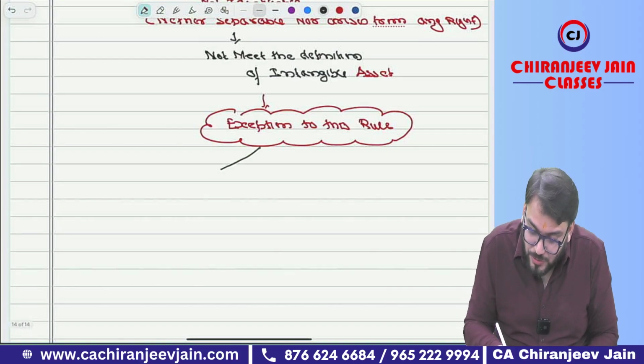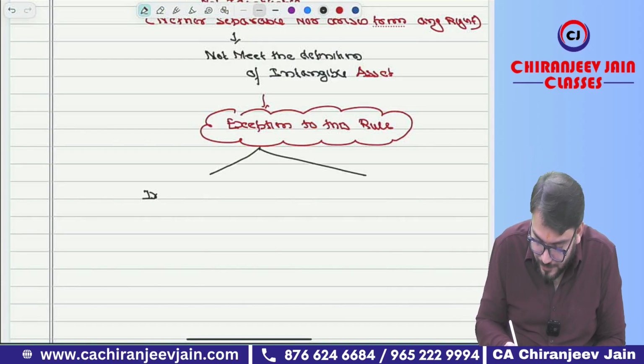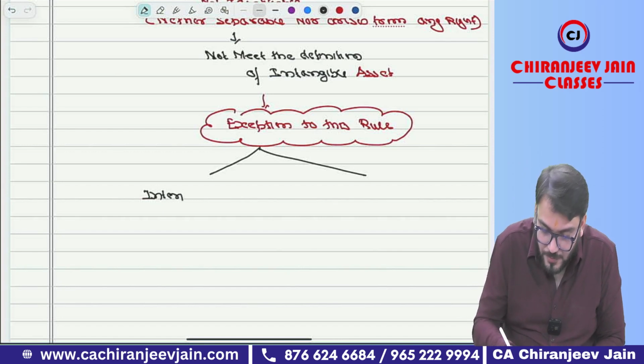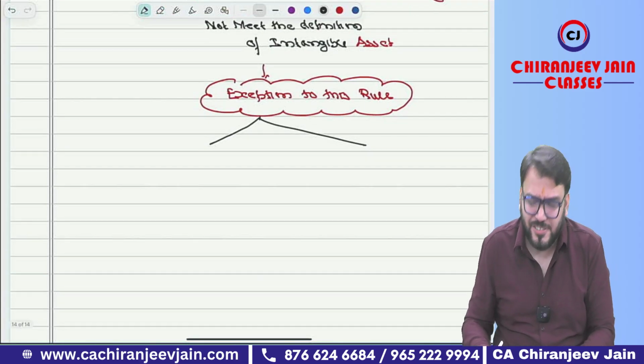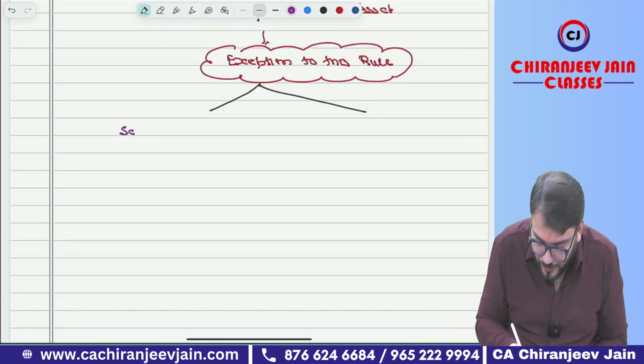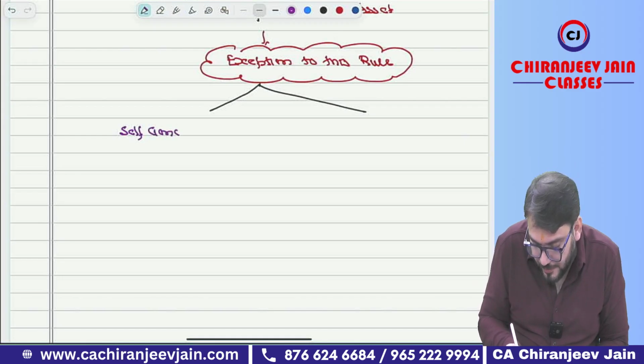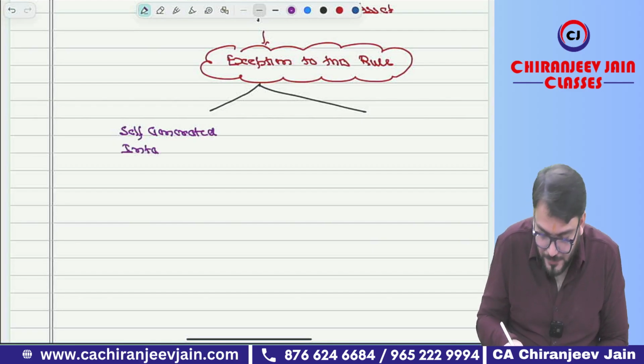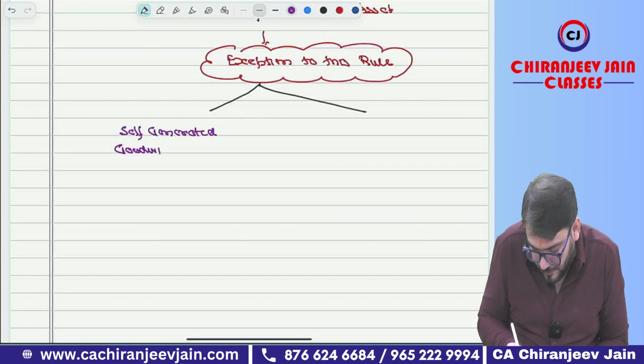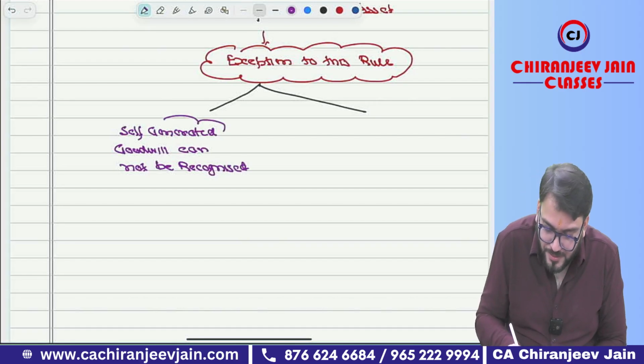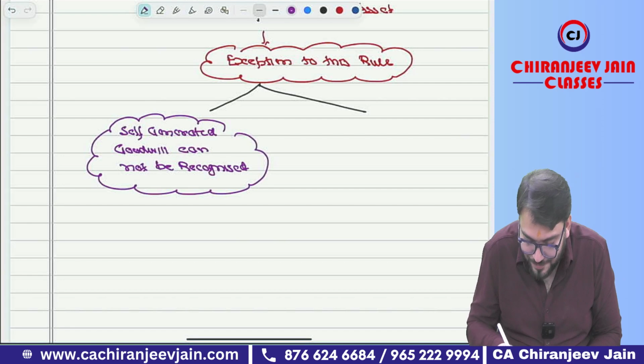Now what AS26 says is that internally or self-generated intangible asset, yes, self-generated goodwill cannot be recognized. Cannot be recognized because it is not an intangible asset only.